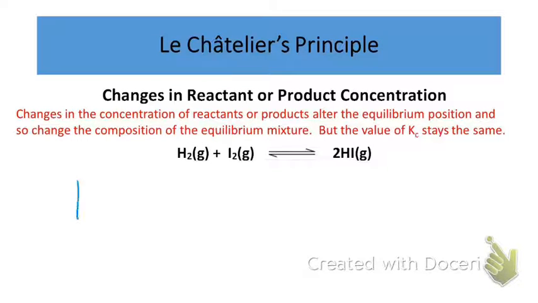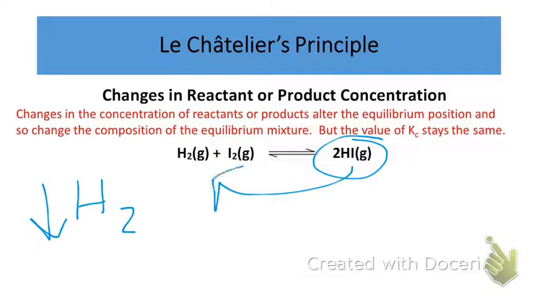Okay. Now what about removing? What if we actually remove hydrogen gas from an equilibrium system so that the concentration goes down? Well, Le Chatelier would say, if I'm removing hydrogen gas, then the system wants to make more of it. It wants to do the dead opposite. So to make more hydrogen gas, that means that we must change the product into creating more reactant.